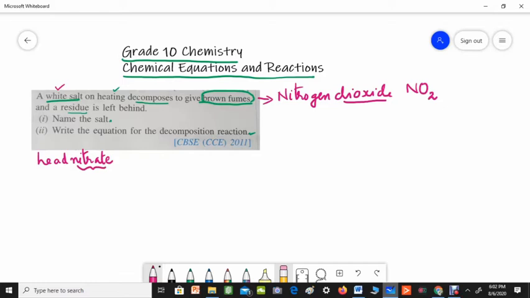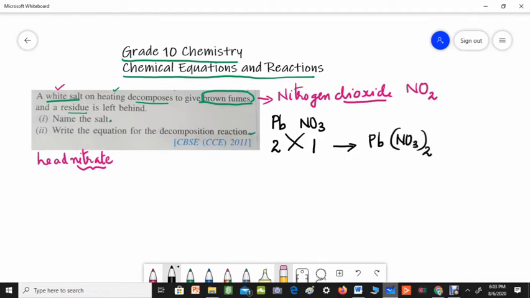So what is the formula of lead nitrate? Lead symbol is Pb and nitrate symbol is NO3. What is the valency of lead? That is 2, and NO3 valency is 1. When you crisscross the valency you will get the formula Pb(NO3)2.